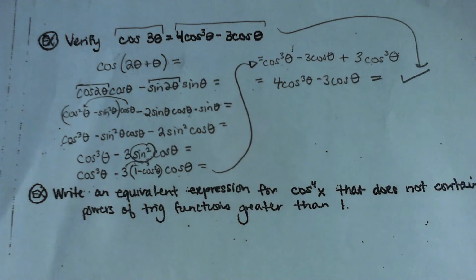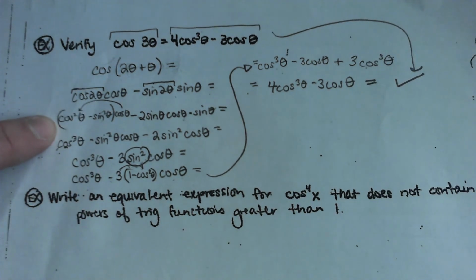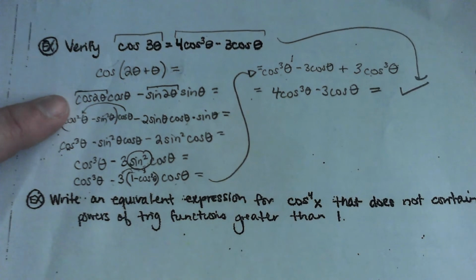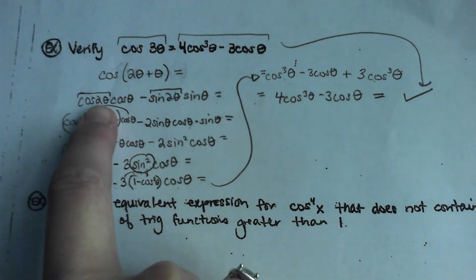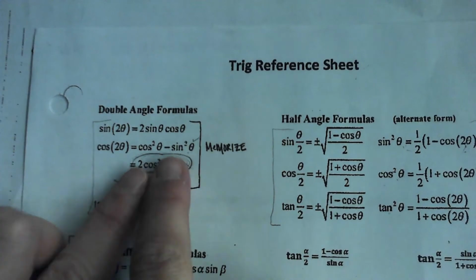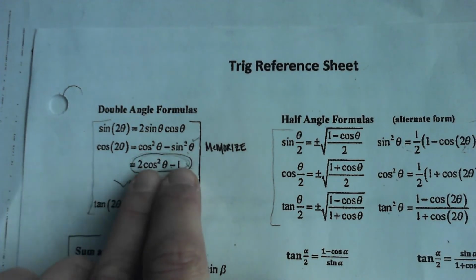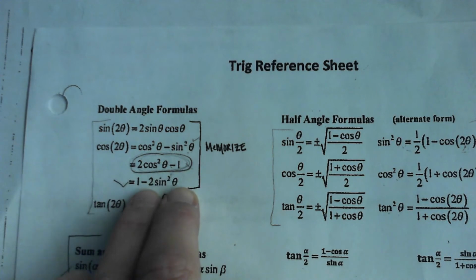So one thing that might have been worth realizing way back here, when we were deciding which of the 3 options to use for the cosine of 2 theta: of our 3 options, one involves a cosine squared and a sine squared, one involves just cosine squared, and one involves just sine squared.